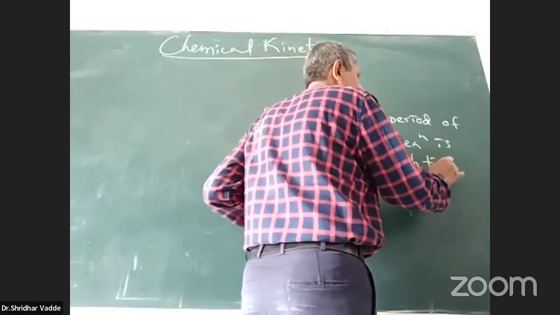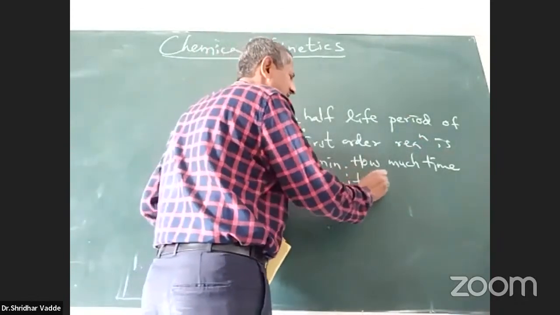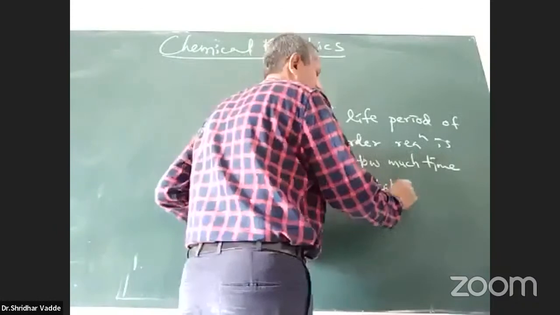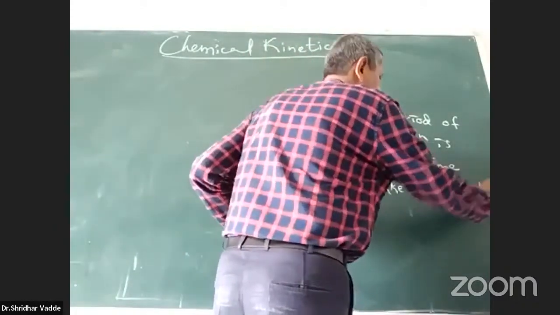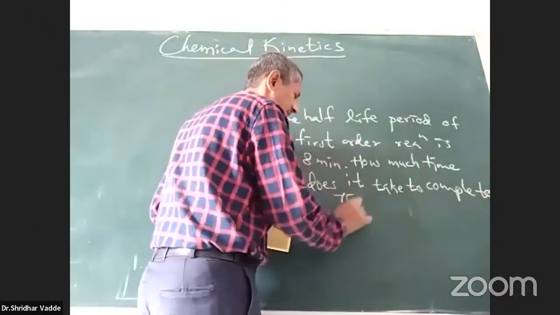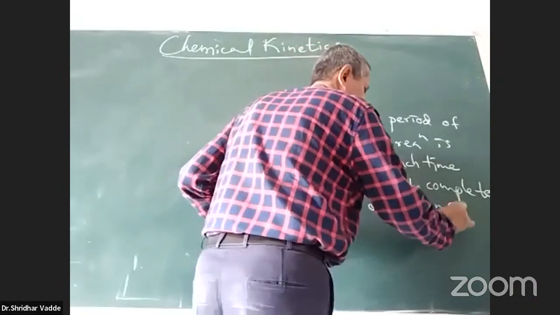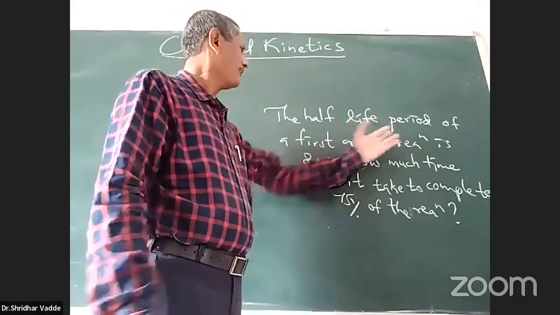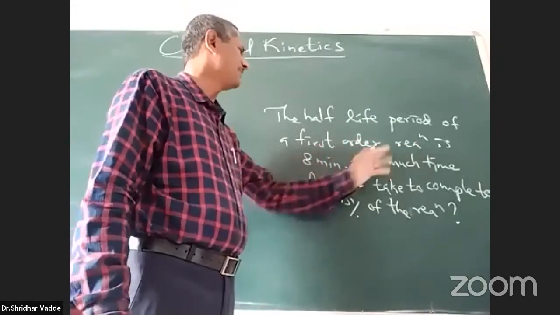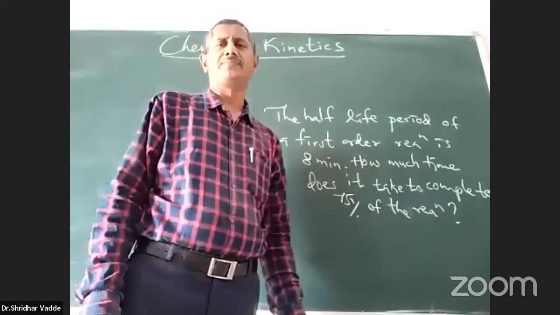How much time does it take to complete 75% of the reaction? The half-life period of a first order reaction is 8 minutes. How much time does it take to complete 75% of the reaction?